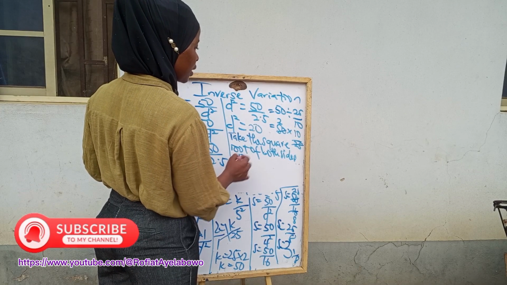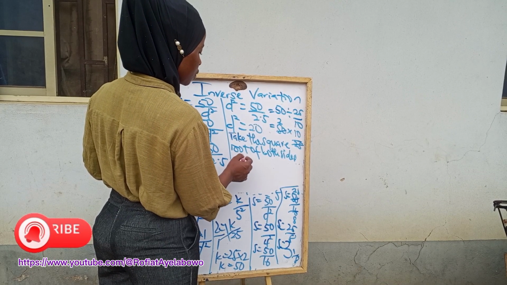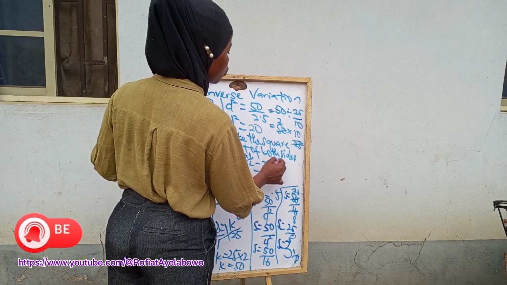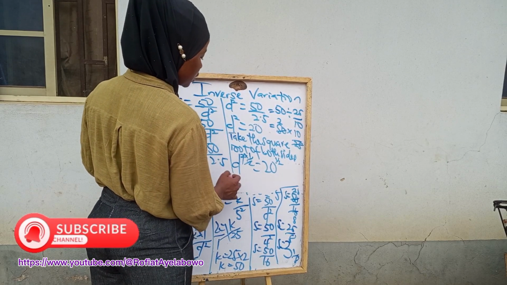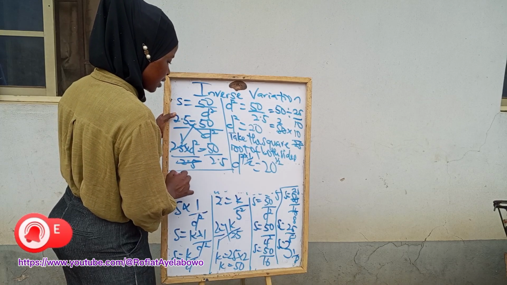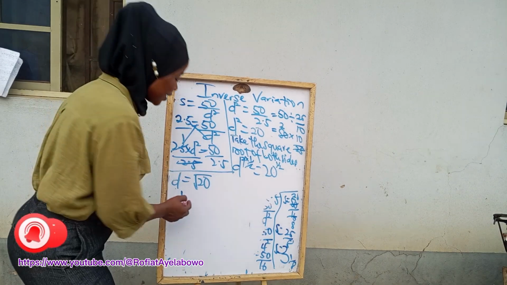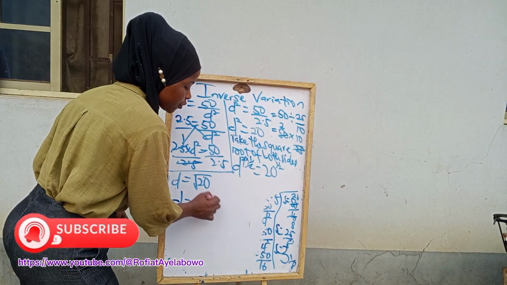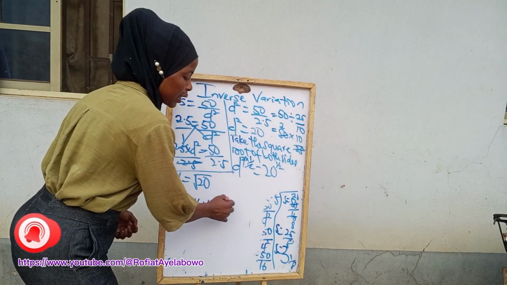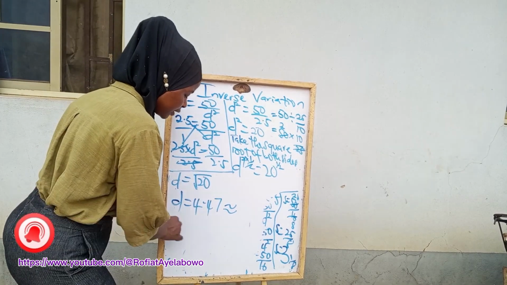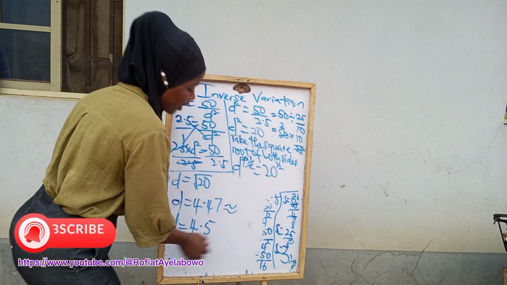D square raised to power 1 over 2 is equals to 20 raised to power 1 over 2. This cancels this. You have d is equals to square root of 20. D is equals to 4.47. So we can approximate it to 1 decimal place. You have d is equals to 4.5.